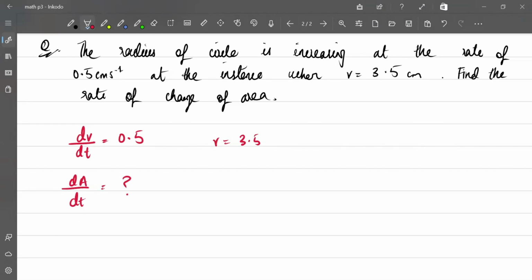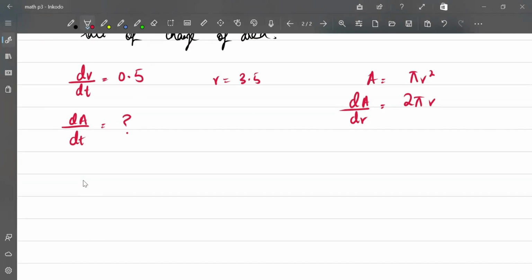This is what we need to find. And we know that the area of circle is pi r square. Through this, we can calculate dA over dr. All right. So 2 pi r, right? So now we are required to find the rate of change of area, which is dA over dt.